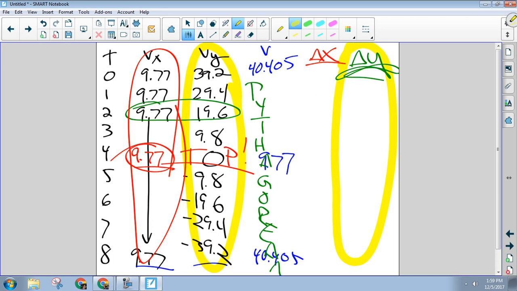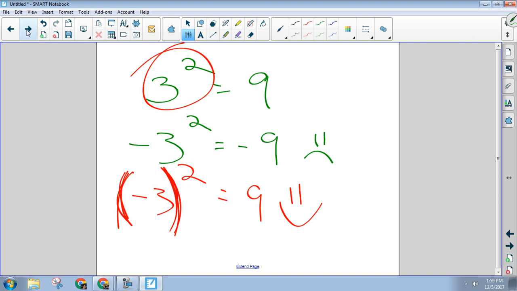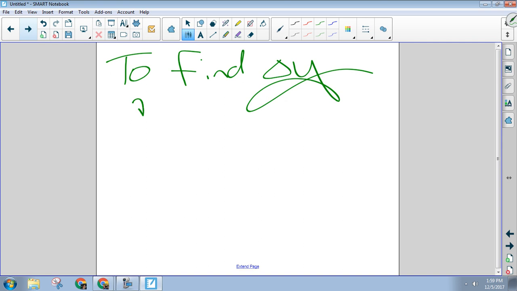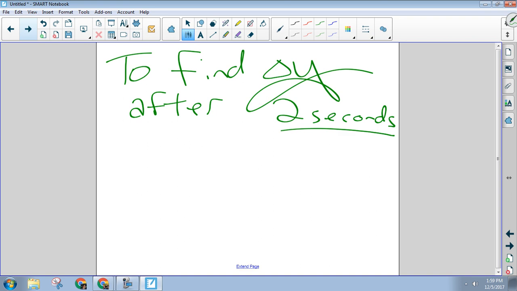All right. So hypothetically, let's suppose that I wanted to find the vertical displacement after 2 seconds. And there's nothing magic about 2 seconds. If you can do one of them, you can do any of them. But here's how you would do 2 seconds.